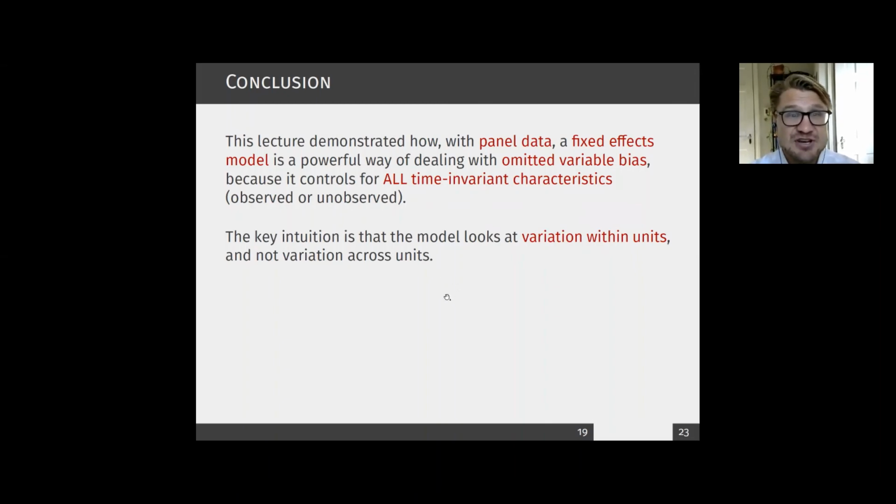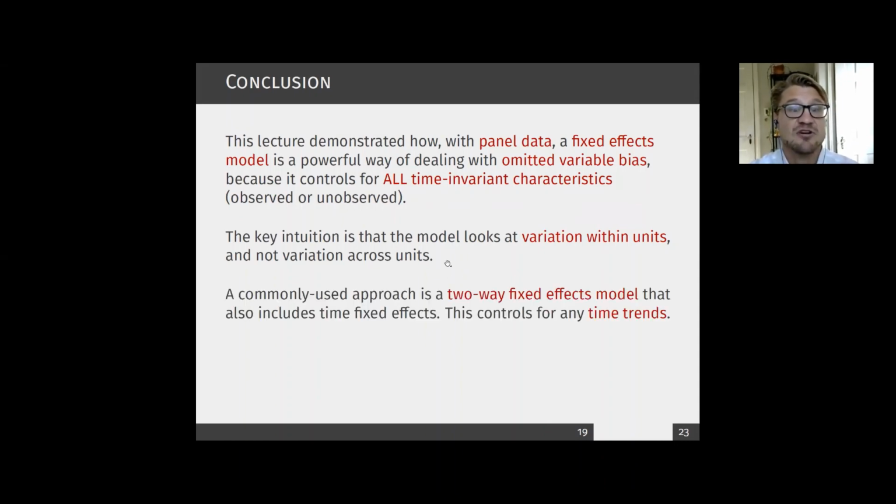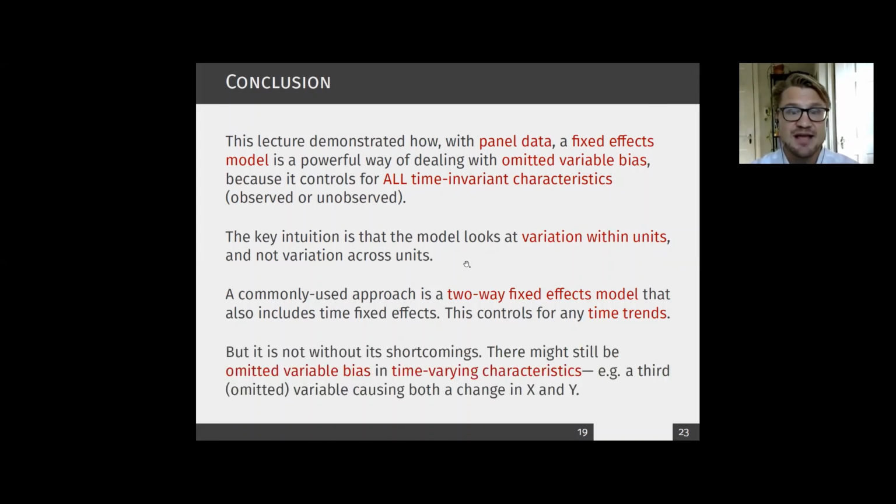And the key intuition is that it looks at variation within units, say within a city, rather than variation across units.